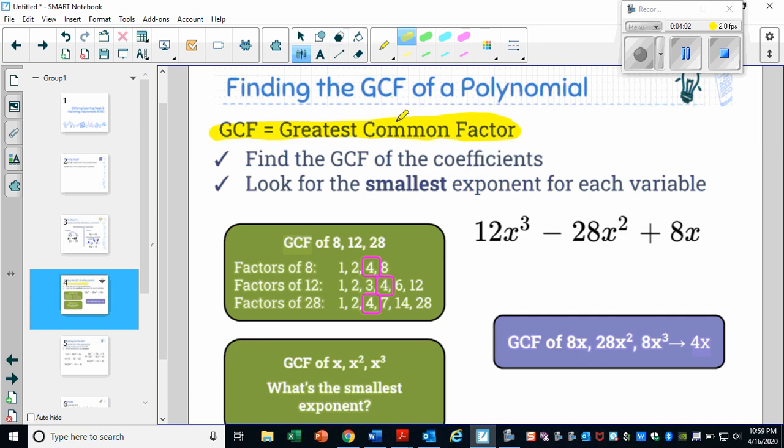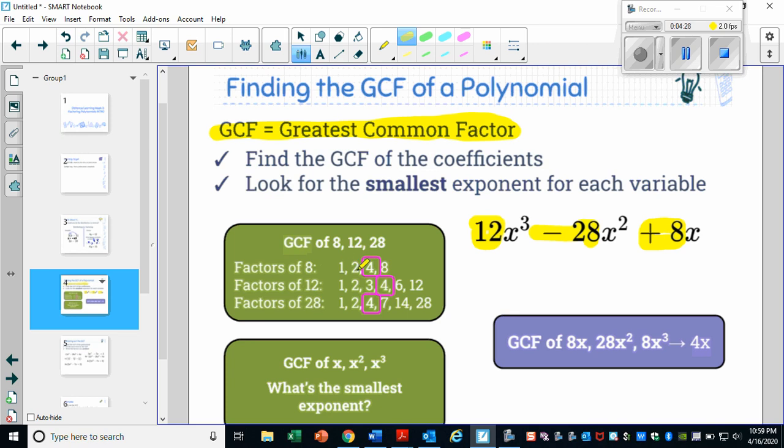Remember, your coefficients are, in this case, 12, negative 28, and positive 8. Now, for factoring purposes, we're just going to use the positives. So we're going to use 8, 12, and 28.